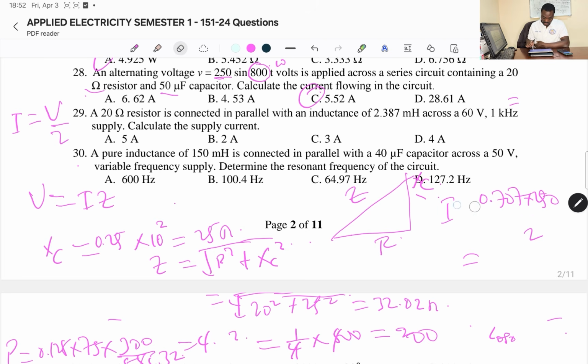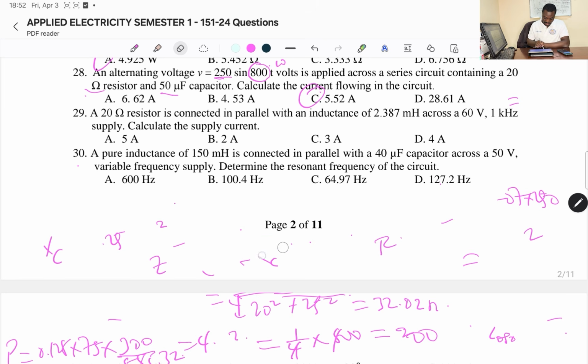And moving forward, we look at question 29. A 20 ohms resistor is connected in parallel with an inductance of 2.387 millihenry across a 60 volts 1 kilohertz supply. Calculate the supply current.